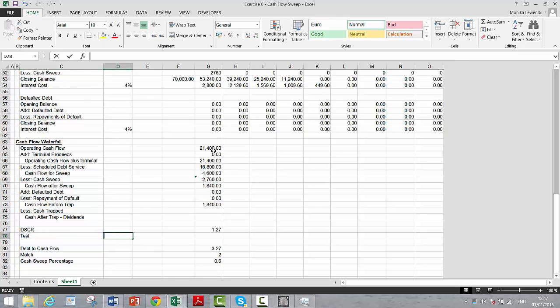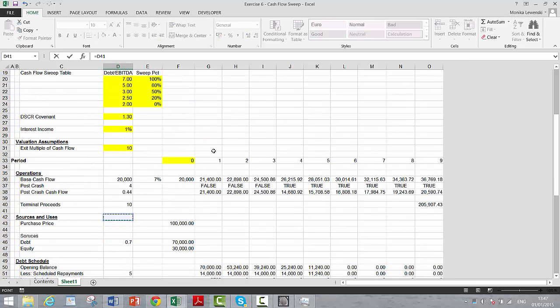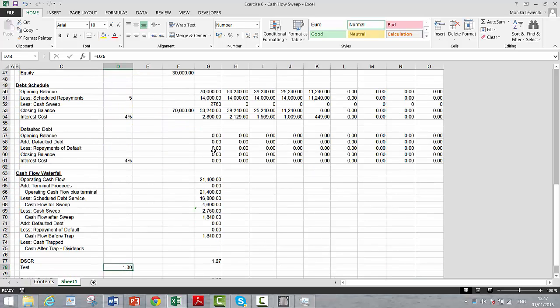So the test depends on this covenant, and we did violate the covenant, so I should put test covenant violate. Okay, and that we just take this one, and if this one is less than or equal to that one, it's true. So what we do is we trap this cash. We take this one and multiply it by the true, and that means we're not allowed to pay any dividends.